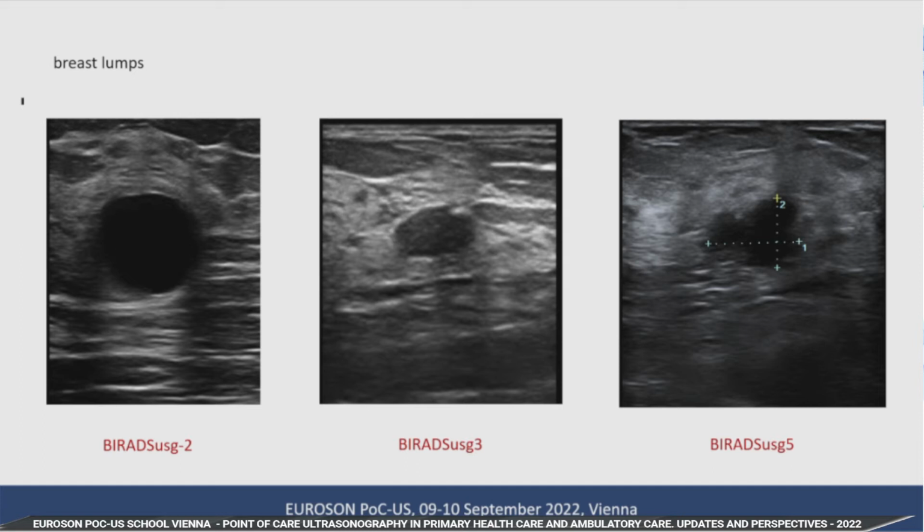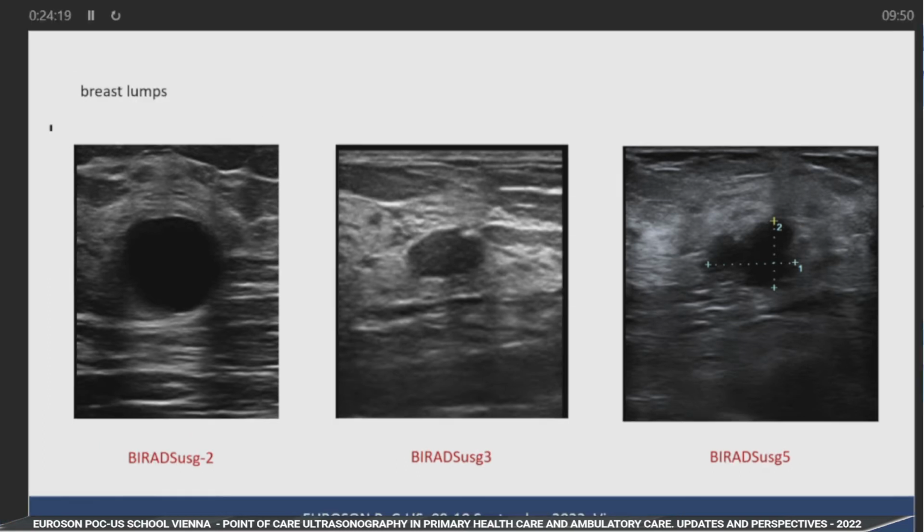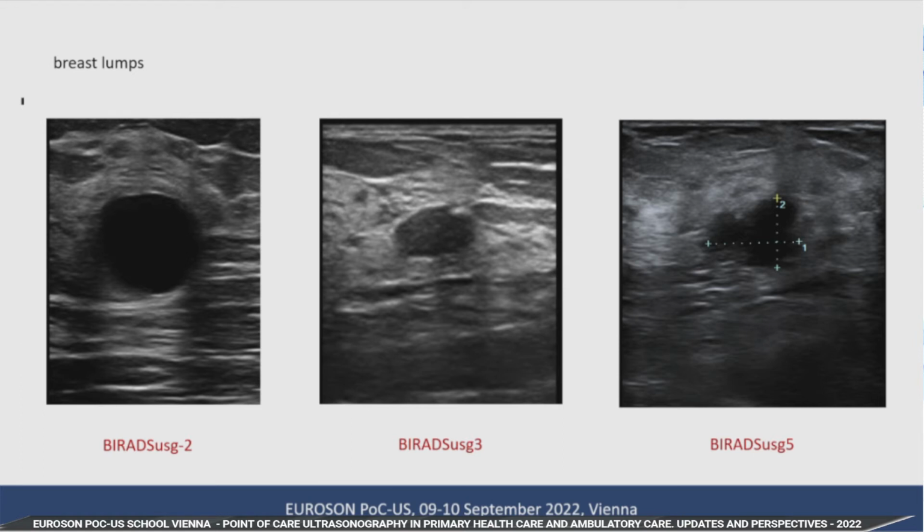And finally, it's very important to understand, if we see such an image, we do not think that this cyst is connected very much to the risk of cancer, but we are doing syndrome-focused sonography. We are talking about this lesion, this tumor. This is what is clinically palpable.